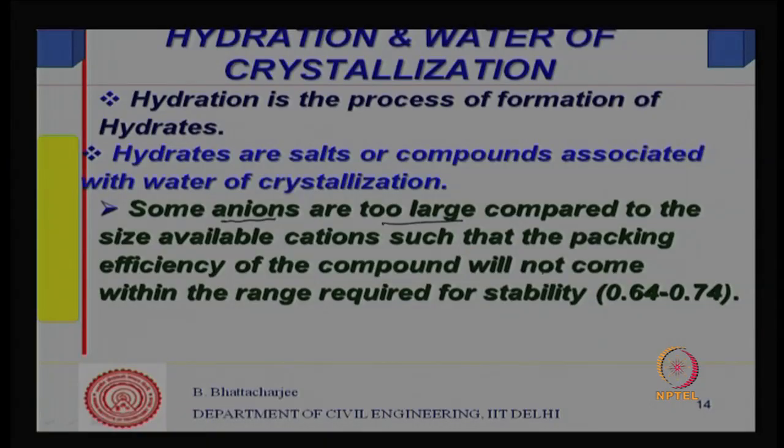Why do some compounds chemically combine with water to form hydrates? Well, because anions are too large compared to the size of available cations, such that the packing efficiency of the compound will not come within the range of required stability. Cations are small, anions are large, and cations are arranged with the anions in some manner.